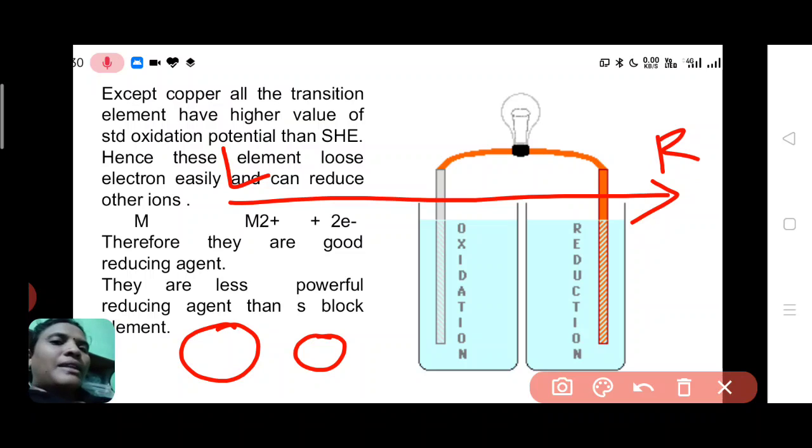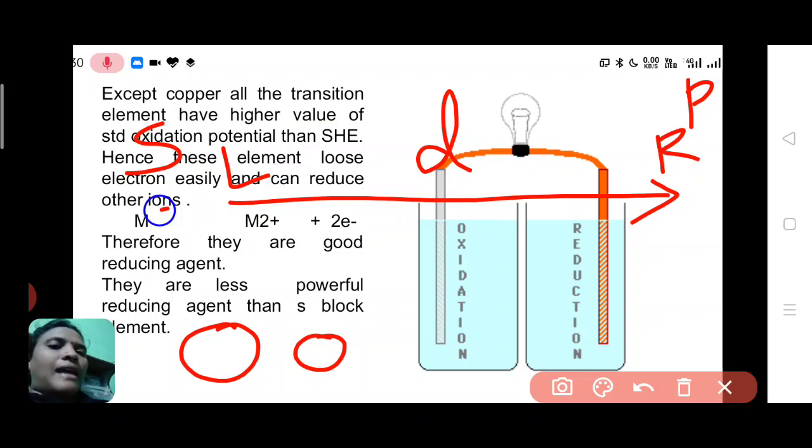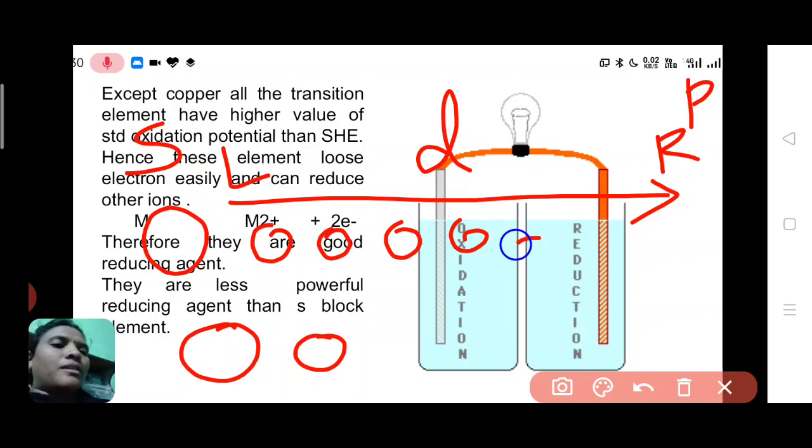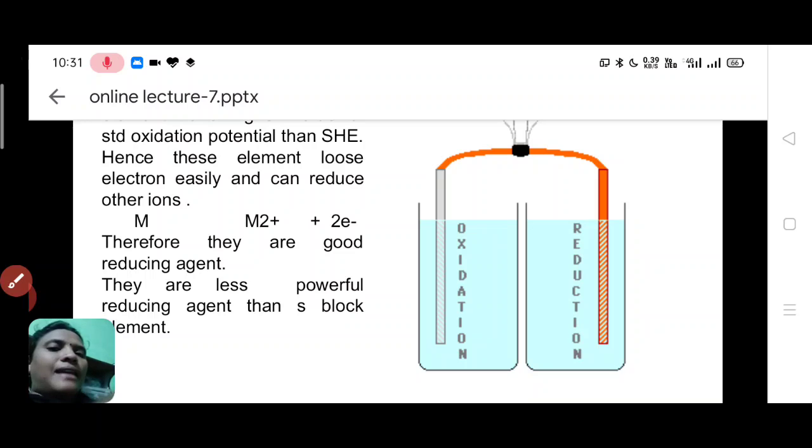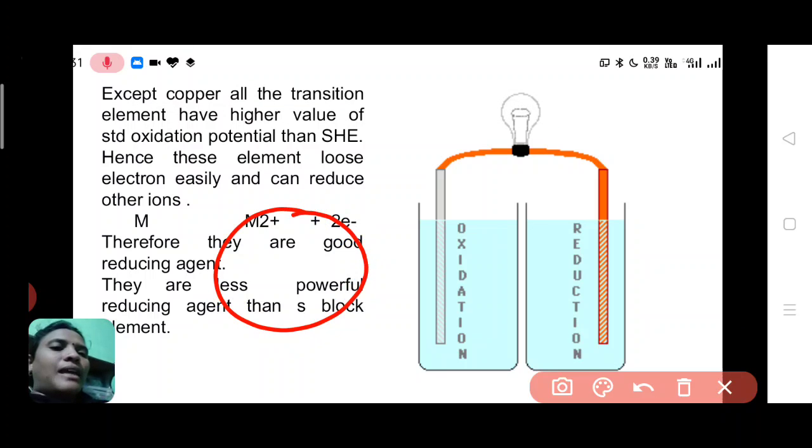So on the left there is the s block, on the right there is the p block, and in the middle there is the d block. So s has larger atomic size than d block elements. In this way size decreases from left to right. If s has larger atomic size and d has smaller atomic size, in the center there is the nucleus.